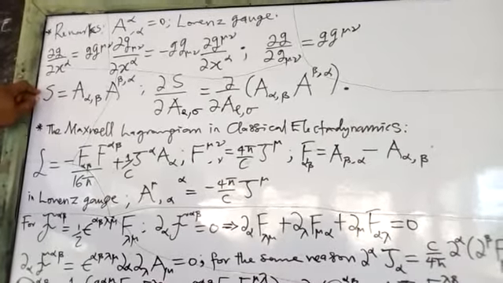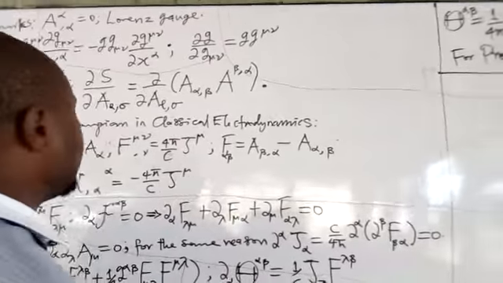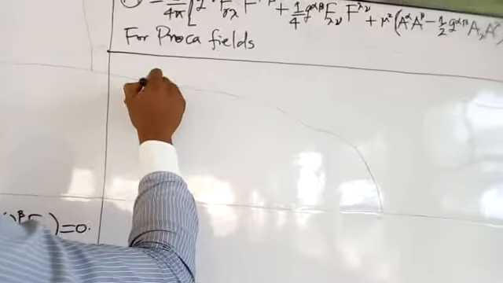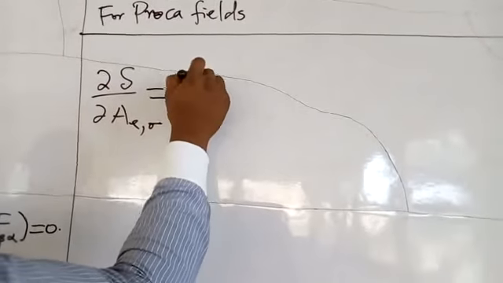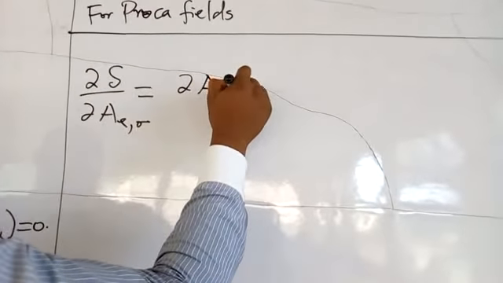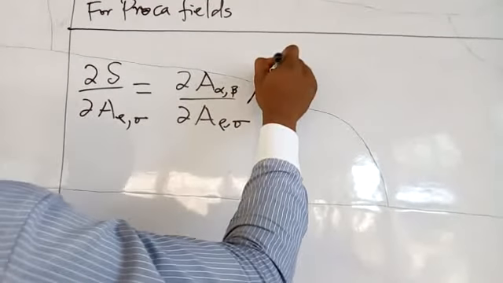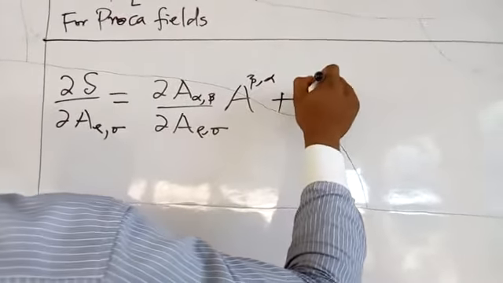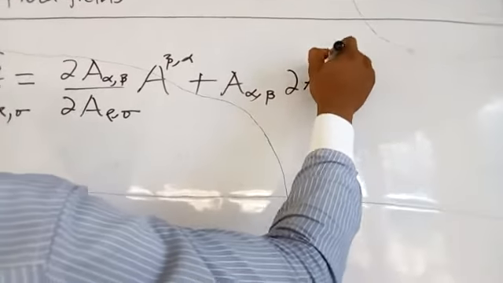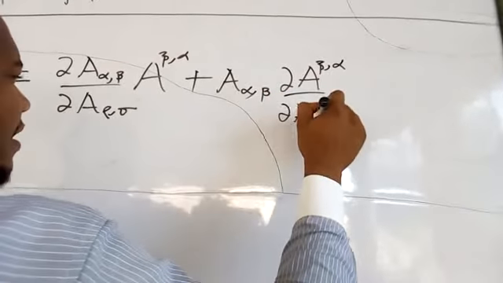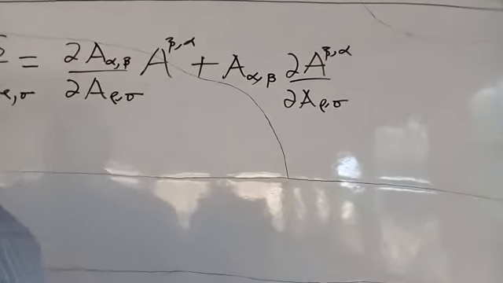If I want to differentiate this scalar with respect to, say, A sub rho sigma, I've used this trick that says the derivative with respect to A rho sigma is the same as the derivative of A alpha comma beta with respect to A rho sigma, times the derivative of the expression with respect to A alpha comma beta, plus the derivative of A beta comma alpha with respect to A rho sigma, times its own partial. I've explained this method over and over again.